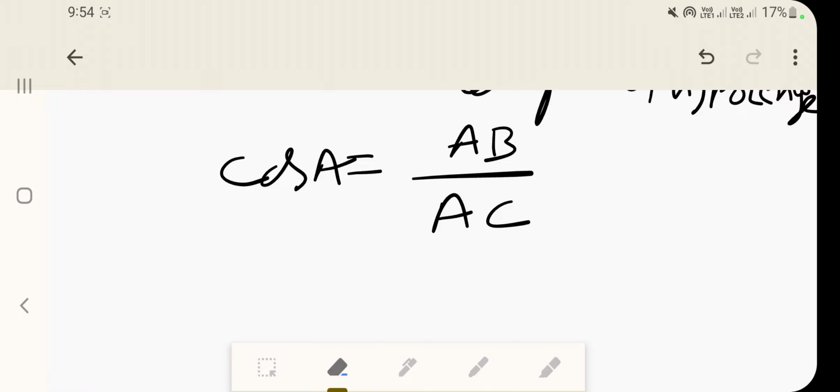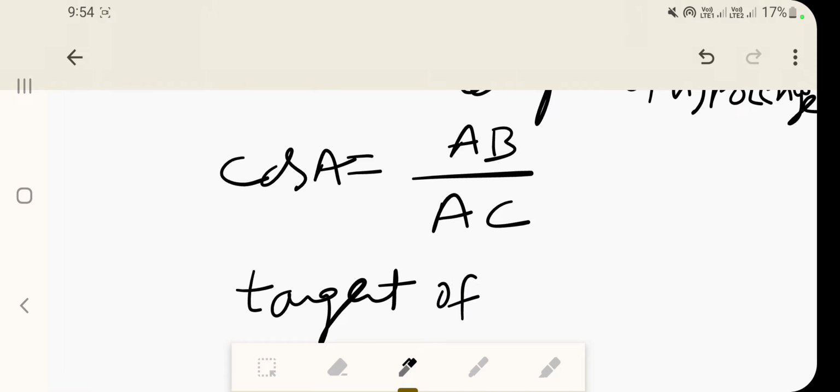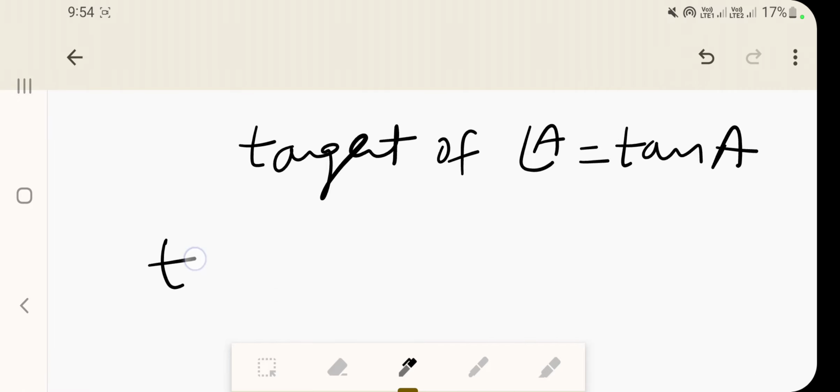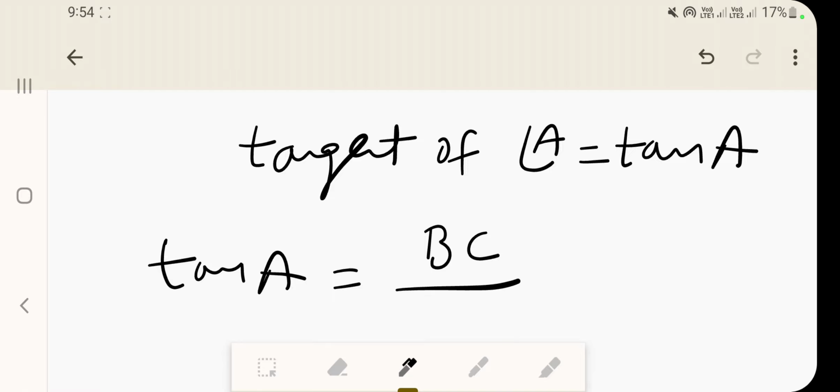Another ratio here is the tangent of angle A, or tan A. Tan A is defined as the length of the side opposite to angle A, that is BC, divided by the length of the side adjacent to angle A, that is AB.